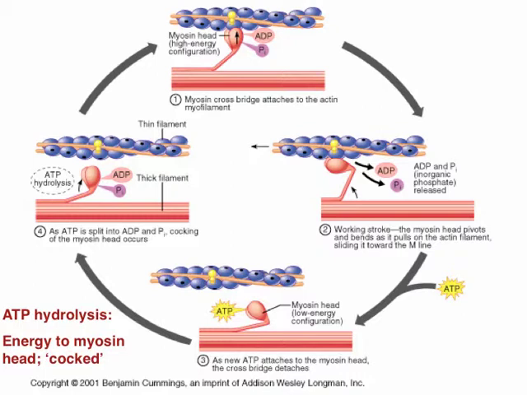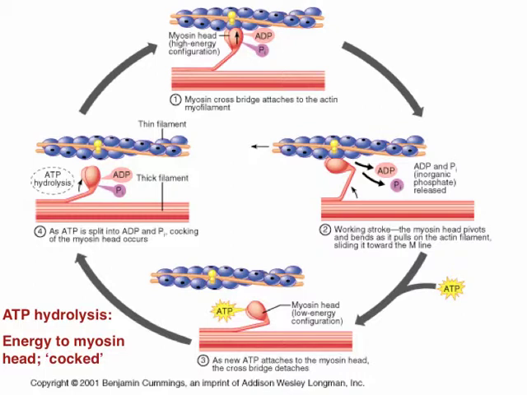At that point, calcium is present because, remember, an action potential was fired. The SR released its calcium. Calcium then bound to those little yellow structures, the troponin-tropomyosin complex.